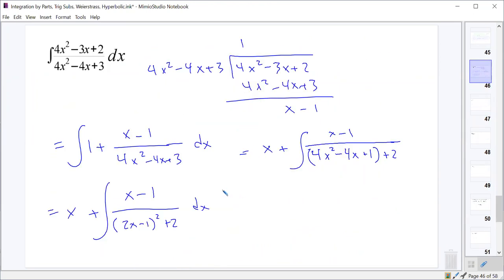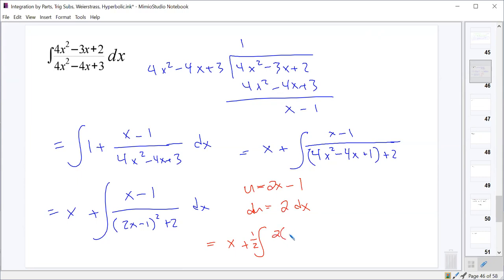So could I let u equal 2x minus 1? What would du be? Should be 2 dx. So that would give us x plus the integral of, and we'd have to put in a 1/2, and then we would have a 2 dx.